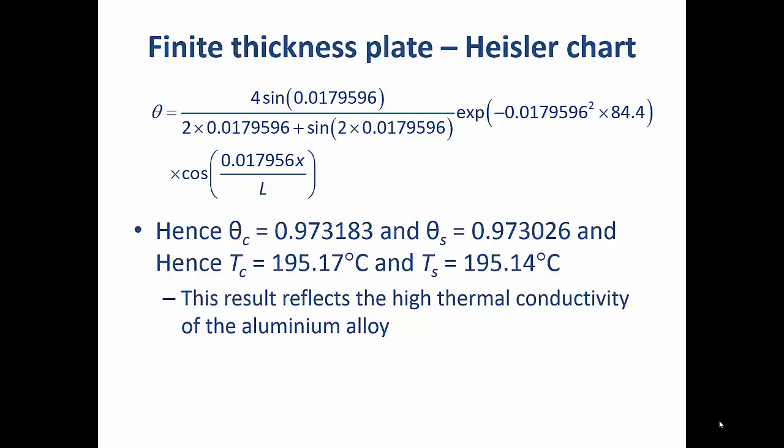This just reflects the high thermal conductivity of the aluminium alloy, and shows that in this particular case the additional complications introduced by trying to find the temperature gradients have not really been worth the effort, because we basically got this answer from the lumped solution. However, in other cases this approach will be worth the effort.